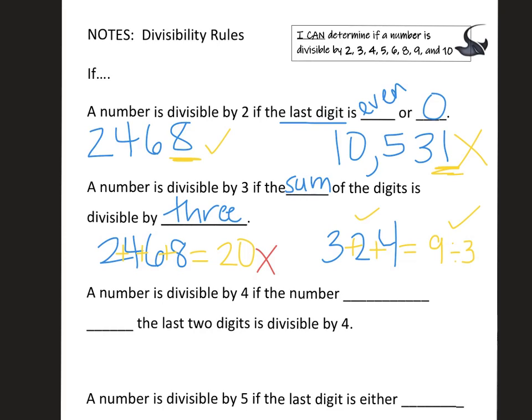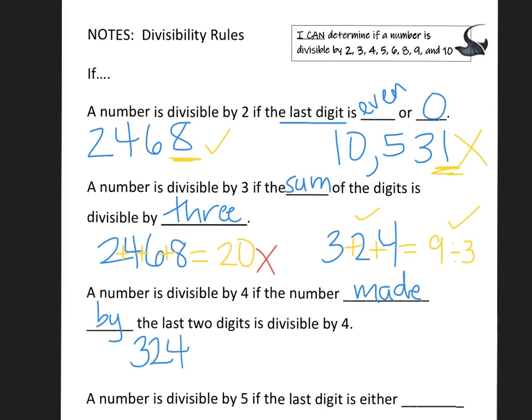Okay. The next rule is to see if a number is divisible by 4, and if the number made by the last 2 digits is divisible by 4, then the entire number would be. So let me use that example from the last one. 324.